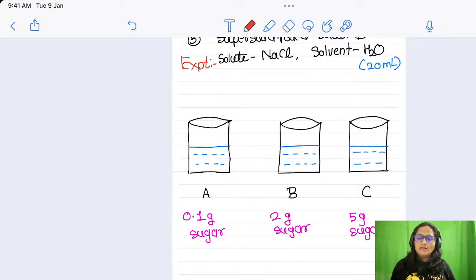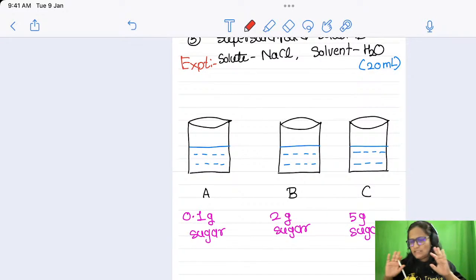Assume that the capacity of 20 ml of water is to dissolve 2 gram of sugar in it, right? It can dissolve 2 gram of sugar very easily. So if I am talking about 2 gram of sugar, 2 gram is its capacity.